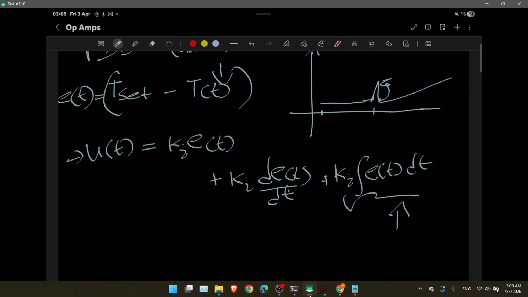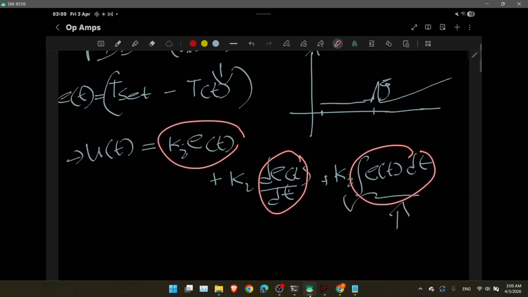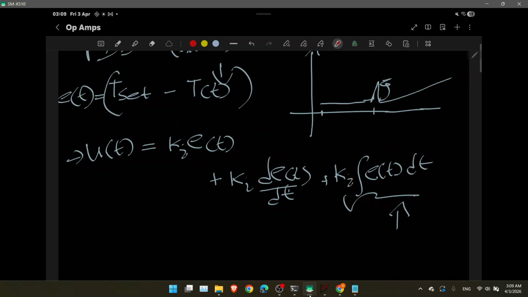So this is like looking at the past. This tells the future. This tells the present. So in a practical scenario, all these terms are needed for a better correctness of the temperature. If you are only looking at this term, this is really wrong.